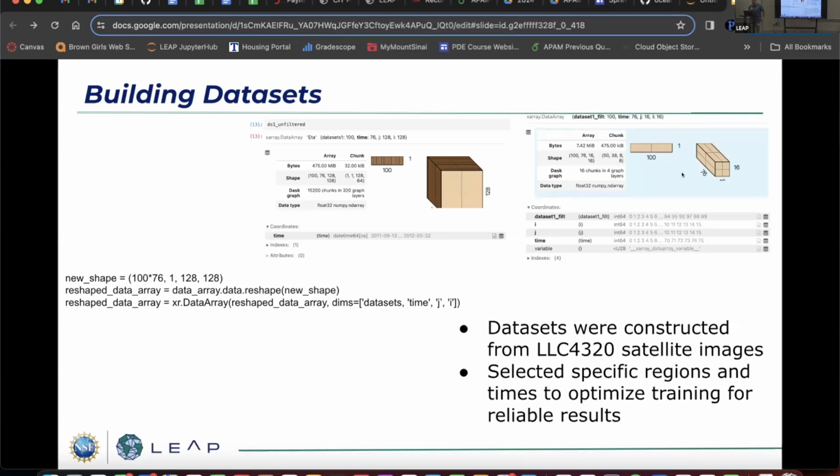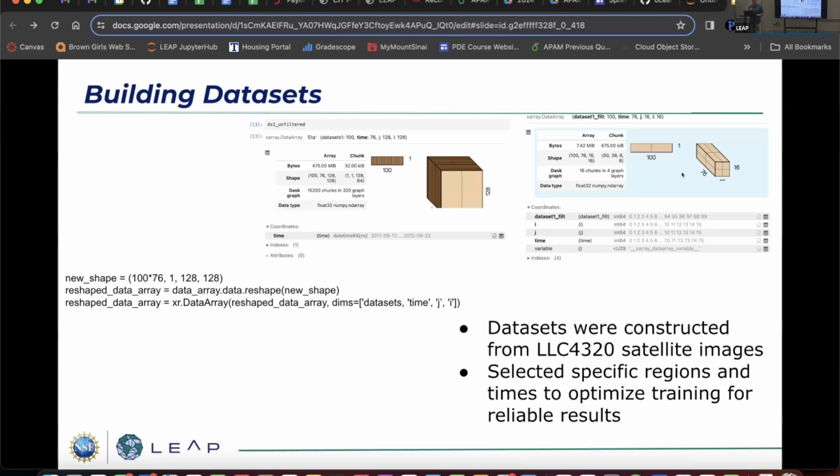These images were each 16 by 16 pixels, but with the same locations as our unfiltered data set. As you can see, 100 different locations, each with 76 different times that they were recorded at, so that each low resolution image had a corresponding high resolution image.